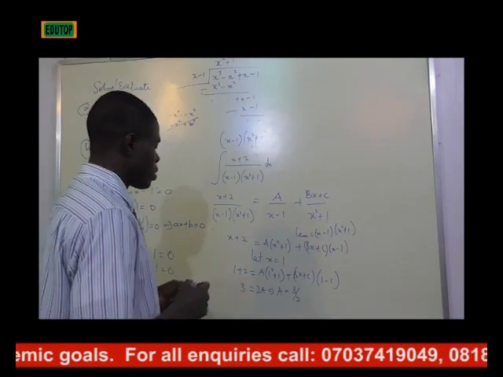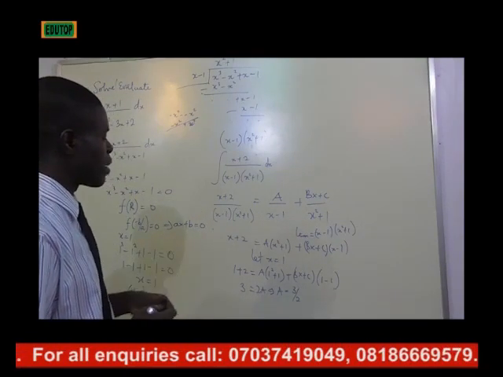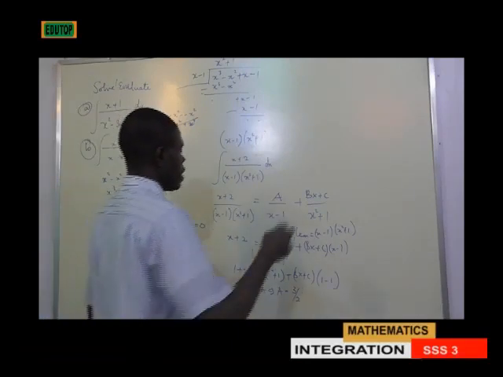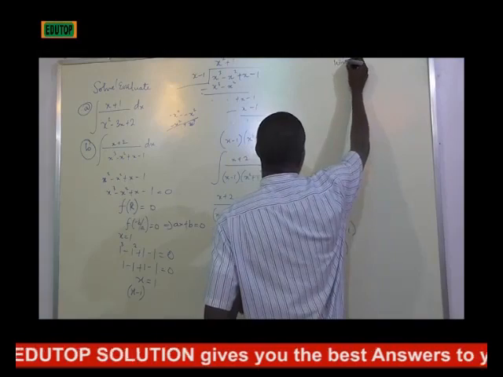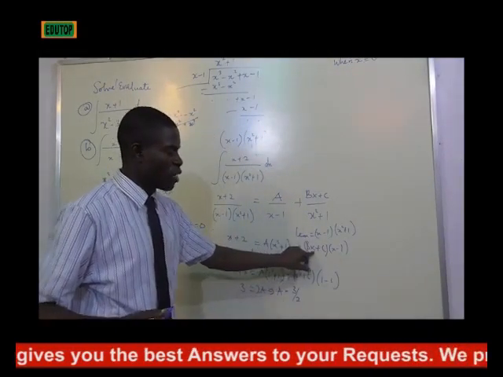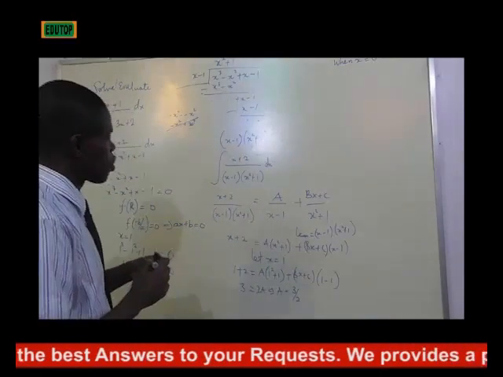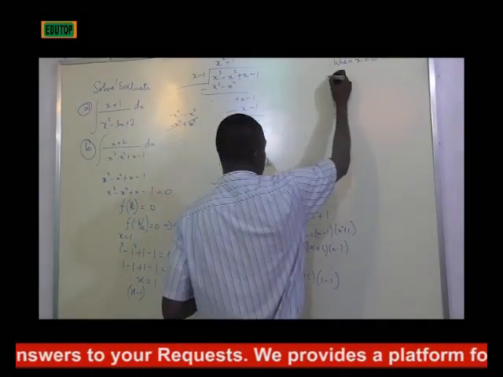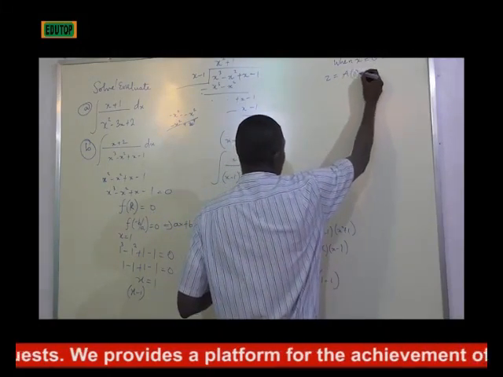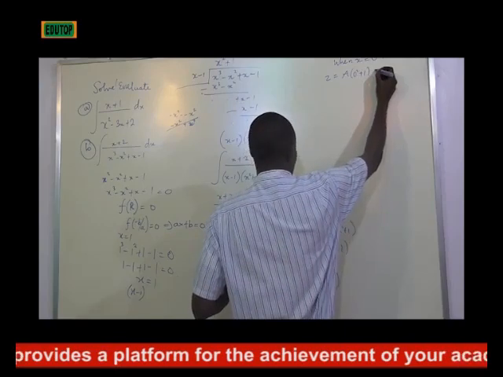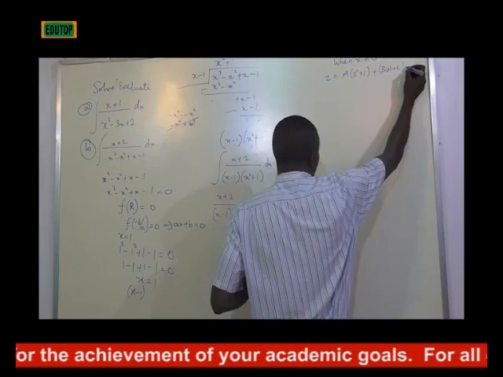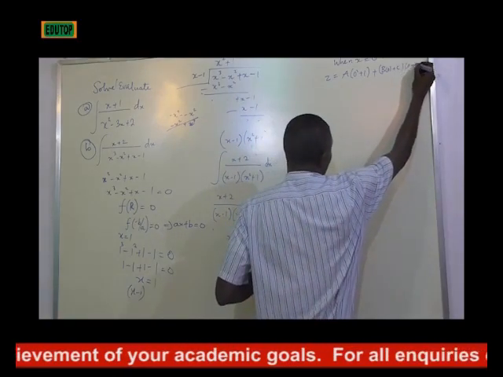Then the second situation, I want my x to be 0, so that I can cancel B, because B is Bx. So when x is 0, B vanishes. So I have 0 plus 2 equals A into 0 squared plus 1, plus B times 0 plus C, times 0 minus 1.